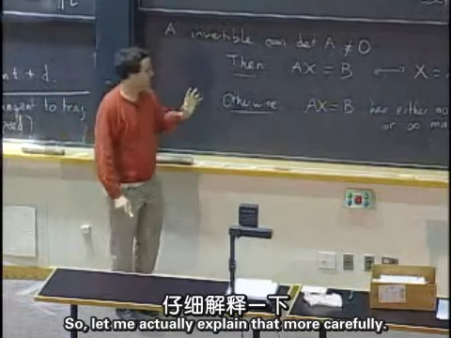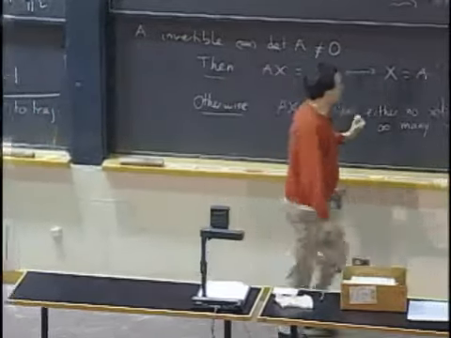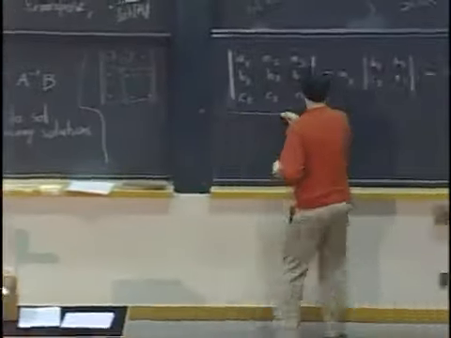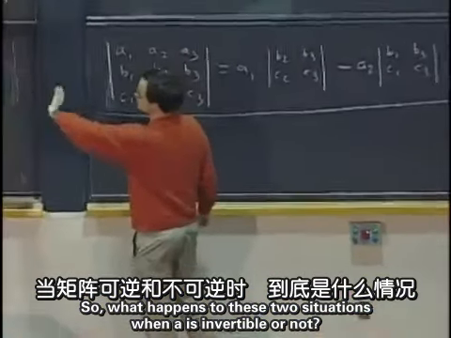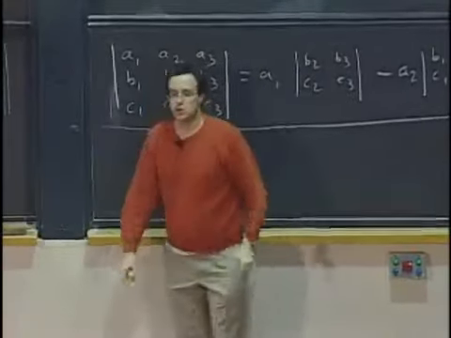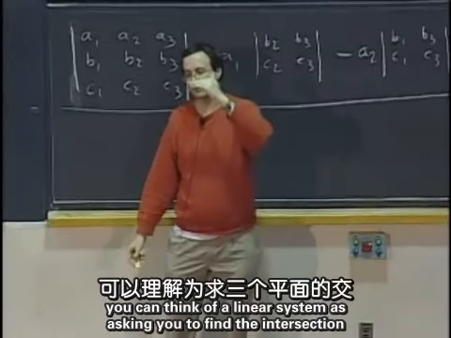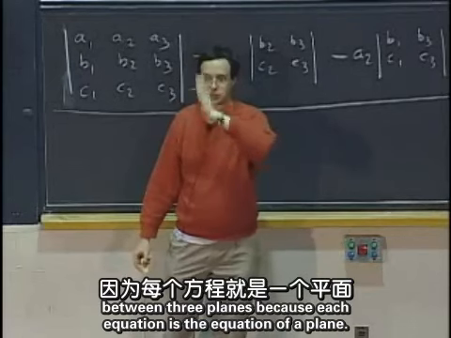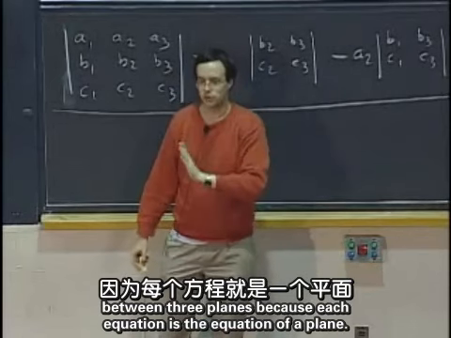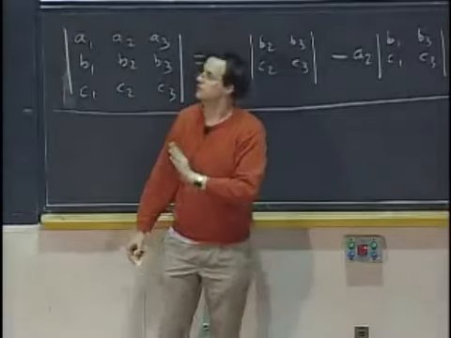So let me actually explain that more carefully. What happens to these two situations when A is invertible or not? Remember, you can think of a linear system as asking you to find the intersection between three planes, because each equation is the equation of a plane, right?